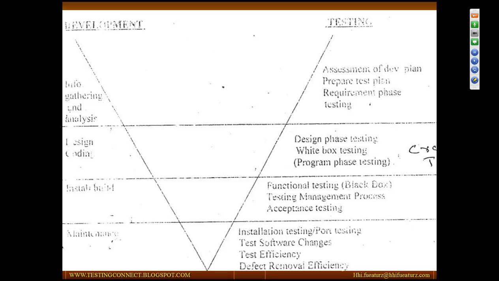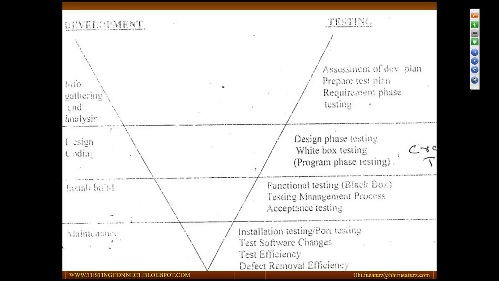So V model is nothing but one side development activities, another side testing activities. That means both the development and testing activities will be going on parallelly. Another important change in your V model is all team members get present in all the phases. In waterfall model, developers, testers also get involved.